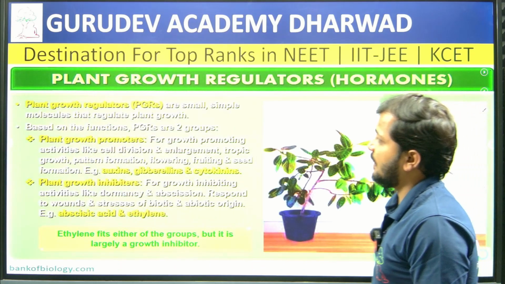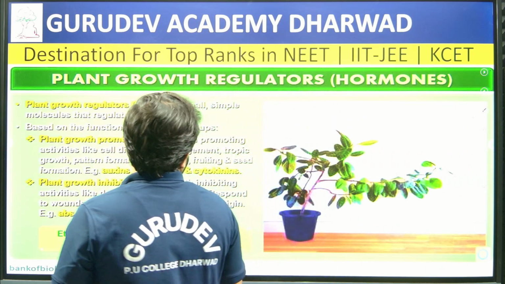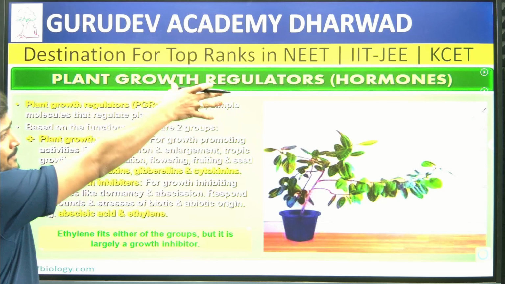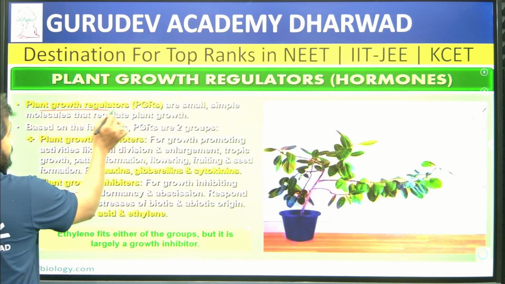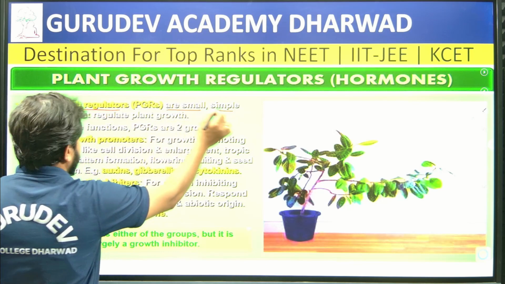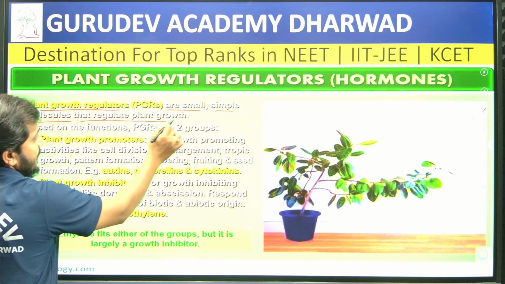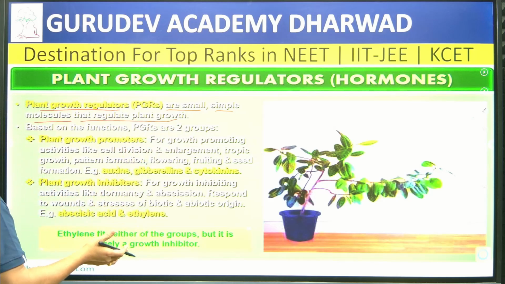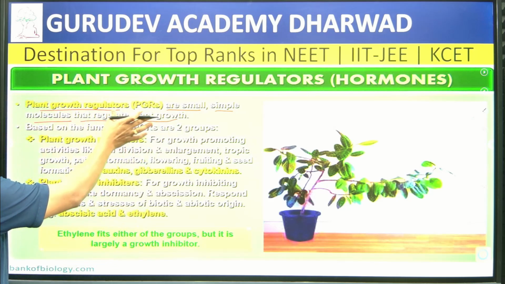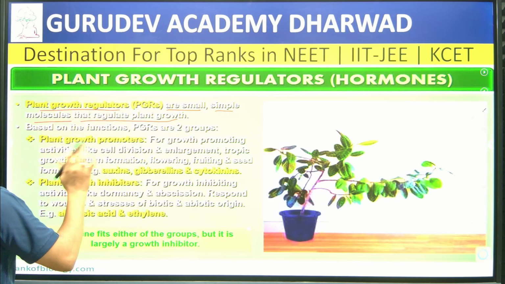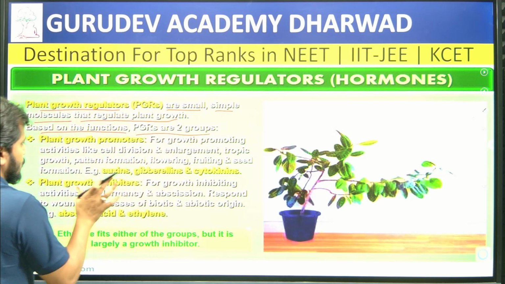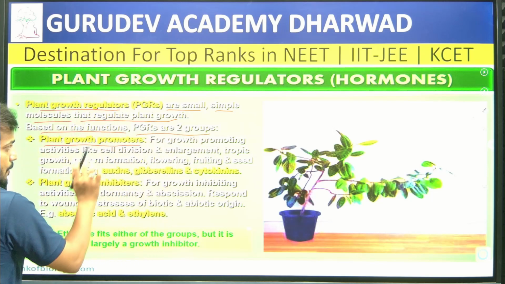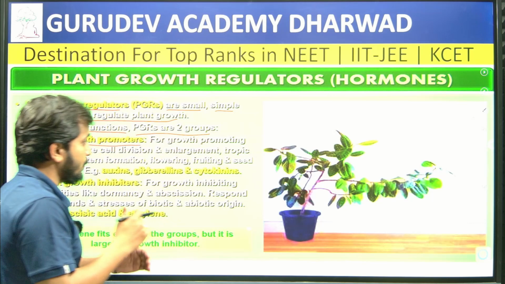So first we are going to discuss exactly what these plant growth regulators, or hormones, are. Majorly, plant growth regulators are small, simple molecules that regulate plant growth, right? They are chemically formed molecules or cell-based molecules. Based on function, PGRs are of two groups, majorly plant growth promoters, which actually promote the growth of the plant.